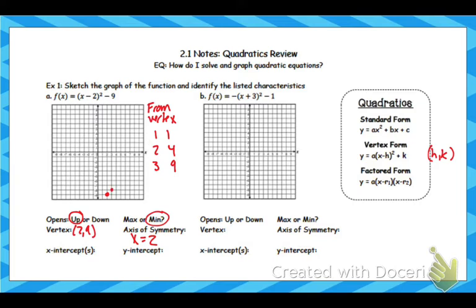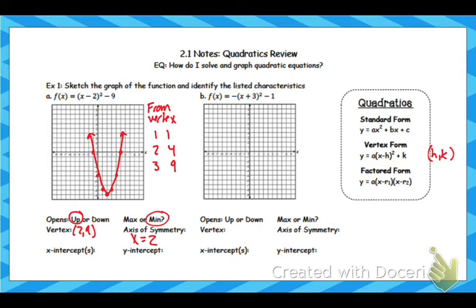So right 1 and up 1, right 2 and up 4 from the vertex, and right 3 and up 9 from the vertex. And then like we said, there's that axis of symmetry. So it's going to have the same thing on both sides there. And that is my parabola.